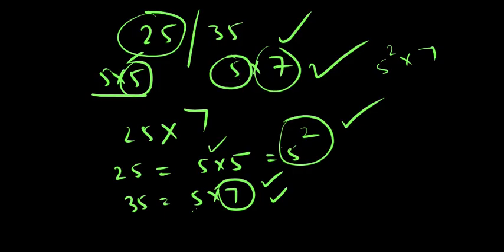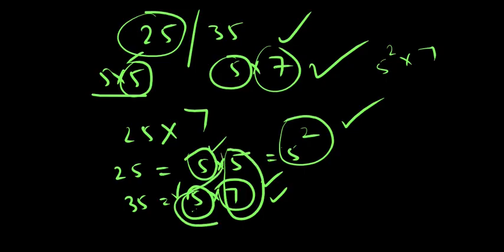This means that in both, only 1 5 is common, right? We have to take that 1 5 and the uncommon ones, this 5 and 7. These three, by combining, become 5 square into 7. That is the logic here. Okay. So the logic is what we have explained before.